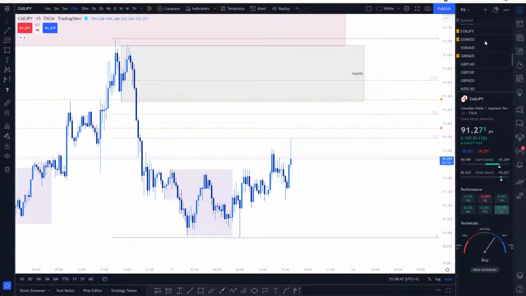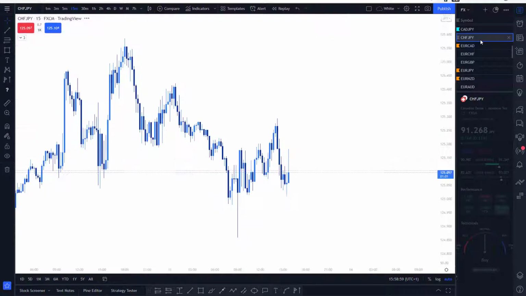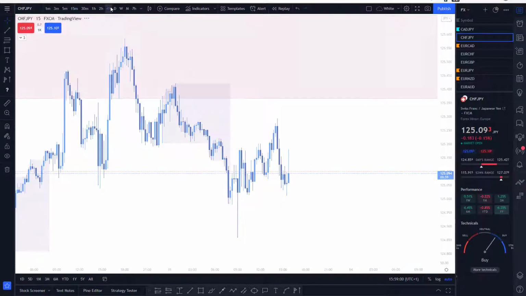Let me just look at what I was. Swiss franc. Yeah, this one. Okay. What's doing?